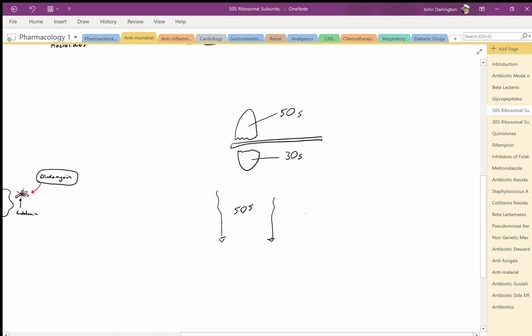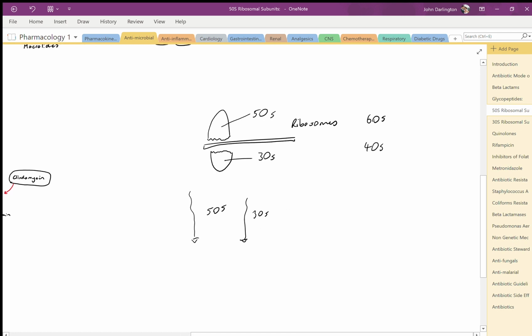And so you can actually measure these out. And in humans, we also have ribosomes, but ours are slightly bigger. We have 60S and 40S. Now the important thing to know here as well is that you would think, okay, if these two are combined together, then you'd get 100S.